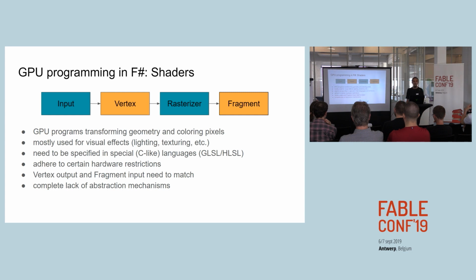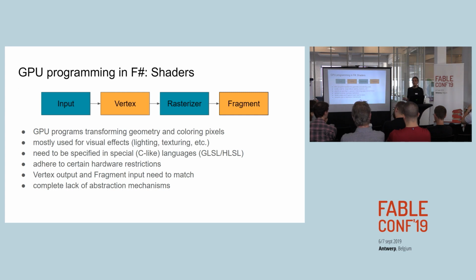Most of them are C-like, some are a little assembler-ish. Basically the two main languages are GLSL and HLSL, the GL shading language and the DirectX shading language. They need to adhere to very restrictive rules. You do not have allocations, you do not have recursion, you cannot define recursive types, and all those things.